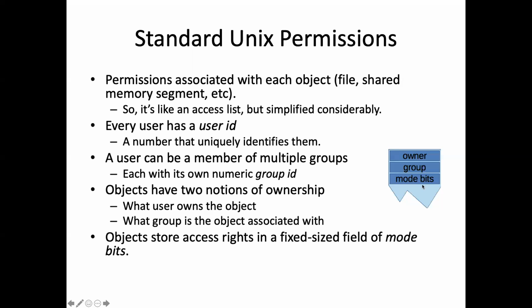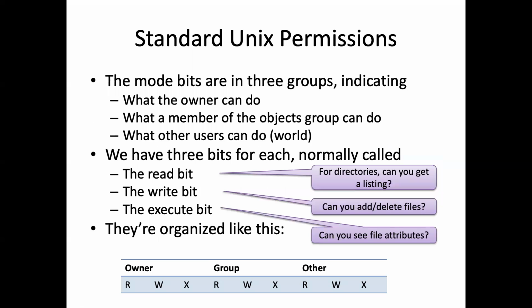Every object you create also gets a group associated with it. And that's kind of what we're going to talk about next. That is a simple Unix mechanism for deciding what users can access that object, or it is a simple lock and key mechanism for deciding who can do what with that particular object.